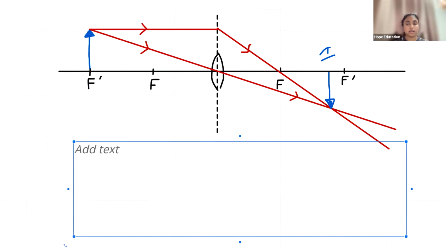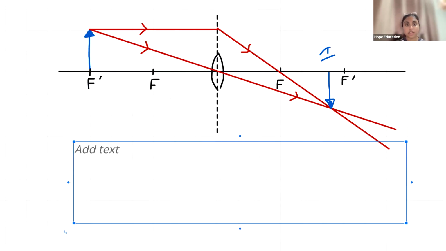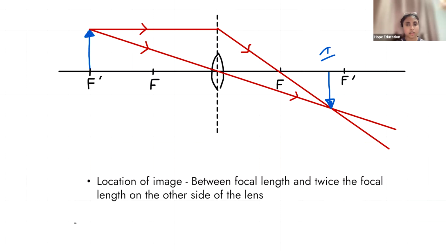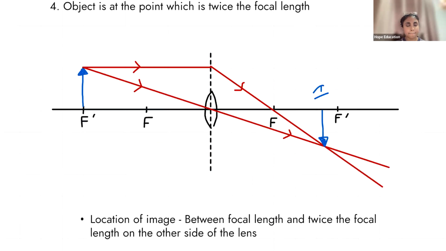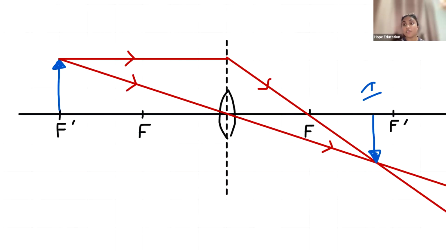One second. There's a little problem. Wait. This is not how the ray diagram should be. Did I have a problem with my drawing? I made a little mistake here. If the object is on F dash, the image also should be on F dash.